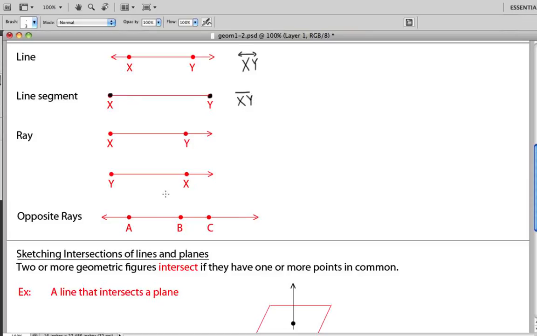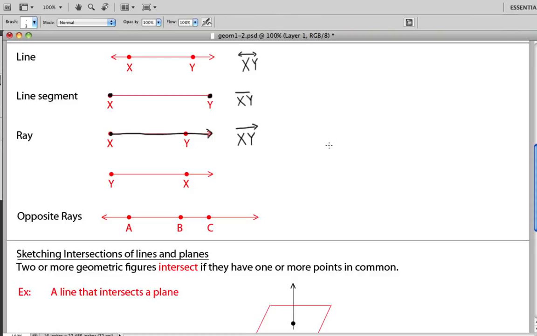Next we have a ray. A ray would also use two letters. Now the first letter is always the starting point. The second letter is the direction that the ray is going in. Since it's going in the direction Y, I wrote the letter Y second. So I would write an arrow like this.